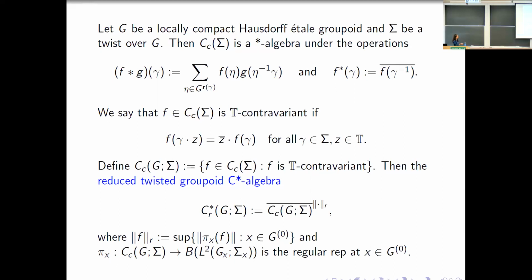Once we have those T-covariant functions, we can define the following set, which I denote by C_c(G; sigma). Sorry, it's sigma.